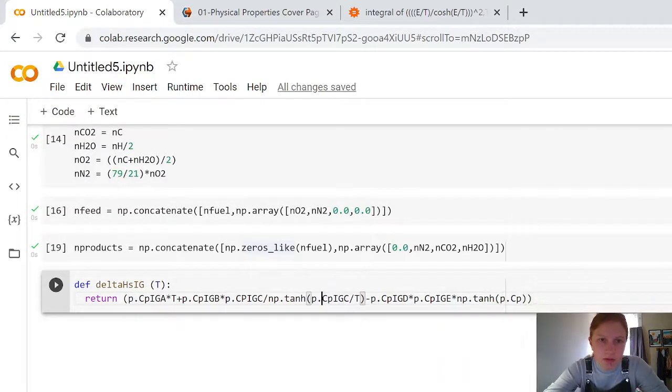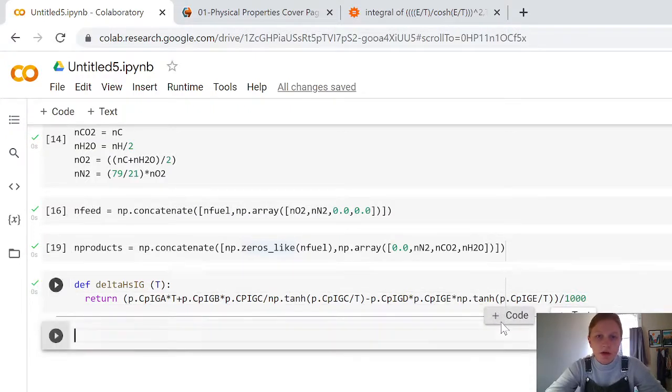There's not supposed to be. Coefficient E divided by the temperature, and then remember we need to divide by 1,000 because the data in the files is in kilomoles. Okay, well, it loaded in. Hopefully I typed in all of the parentheses correctly.